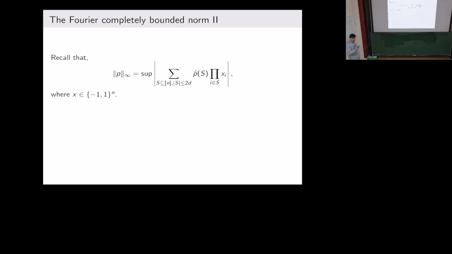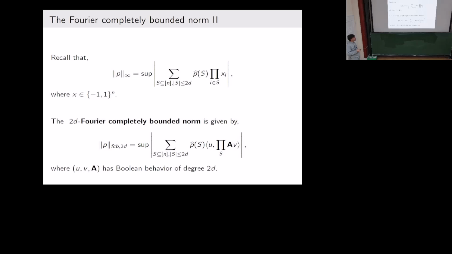You can write that as the evaluation of the Fourier expansion. And now, instead of evaluating the polynomial on Boolean strings, you can evaluate it on matrices and vectors that behave like Boolean strings of degree at most 2D. And then you get the Fourier completely bounded 2D norm.